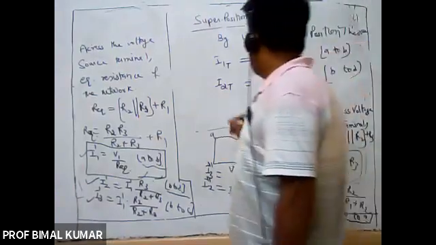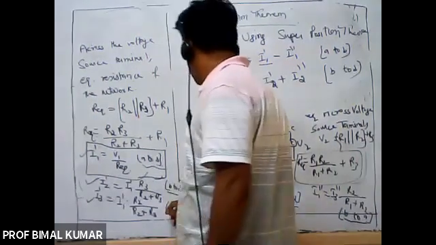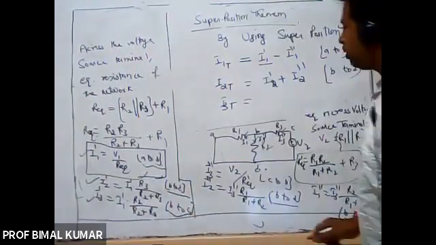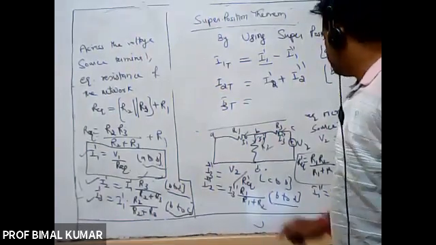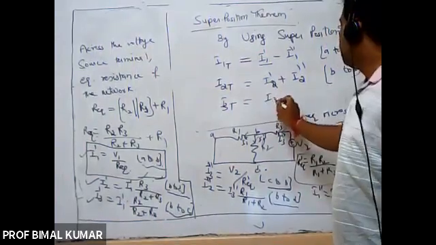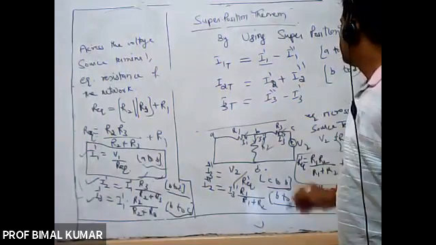Then I3 total will be equal to, here the direction of I3 dash is from B to C and I3 double dash is from C to B, opposite to each other. So this will be I3 double dash minus I3 dash, right?